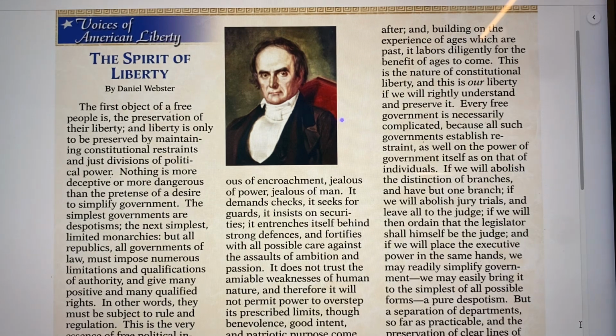Though benevolence, good intent, and patriotic purpose may come along, it may look like it's good, it may look patriotic, it may look very benevolent or good for mankind, but when we look into it, we need to be careful, because if we don't go through the laws of the spirit of liberty, we'll find ourselves deceived.